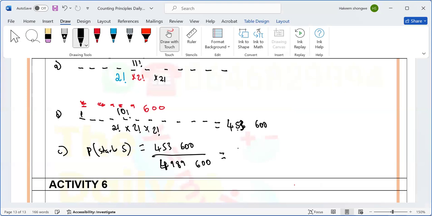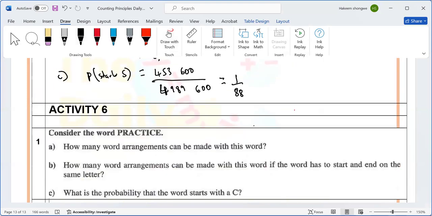What do you get as your final answer? 1 over 11. So there's 1 of 11 chances that you will create a word which starts with the letter S.